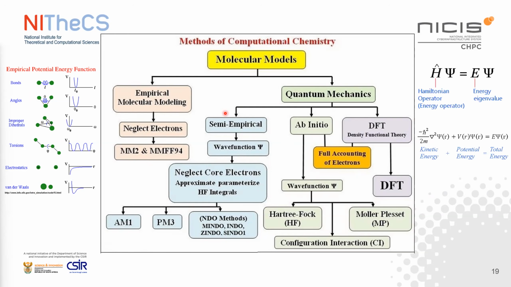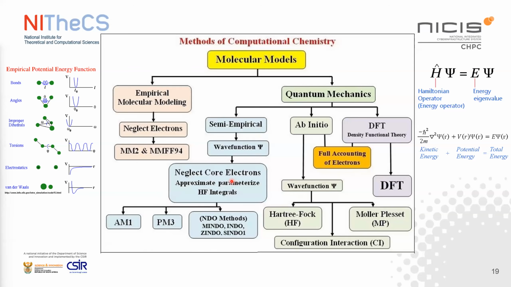So of course, as all of you should already know, this is solving the Schrödinger equation, right? And there's different legs of quantum mechanics. There's your semi-empirical, which is quantum, but there are parameters involved as well. So you actually do a parameterization, similar to how you do it for force fields, but it's quantum mechanics.